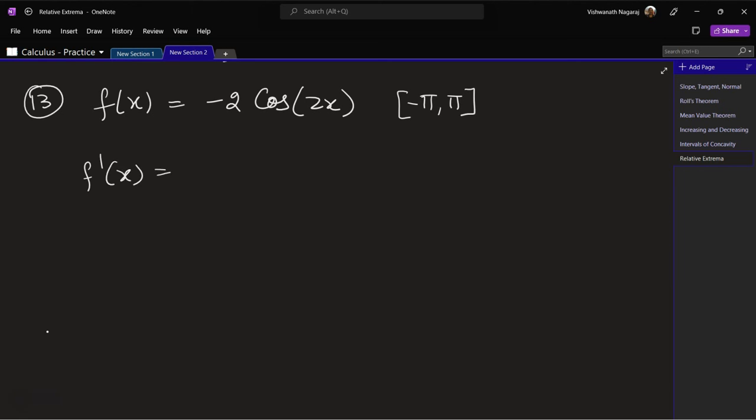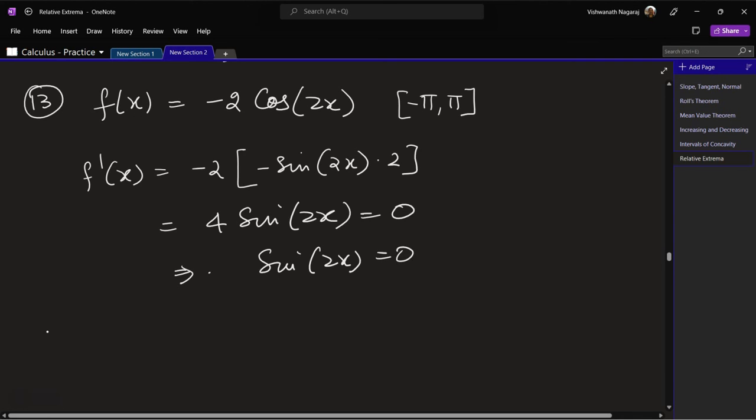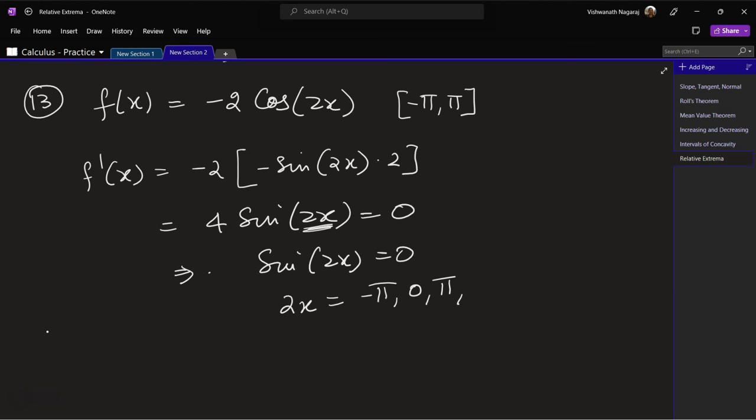F prime of x is going to be minus 2 times minus sine 2x times 2, which gives us plus 4 sine 2x, and equating it to 0 will give us sine 2x equal to 0, which means 2x is going to be minus pi, 0, pi, and remember when we take 2x, the whole graph gets crunched, right?